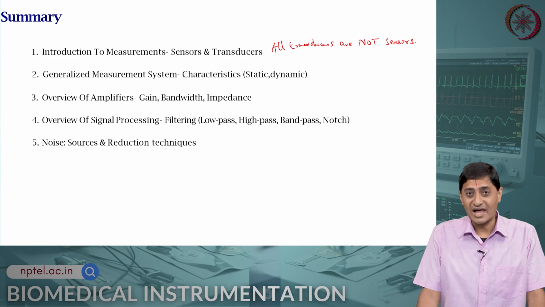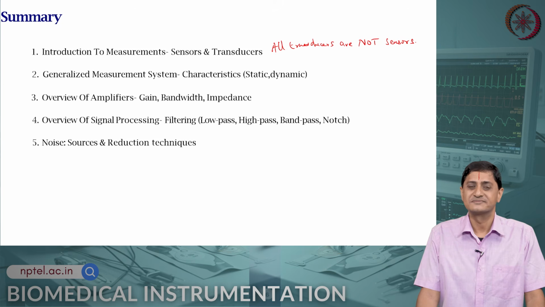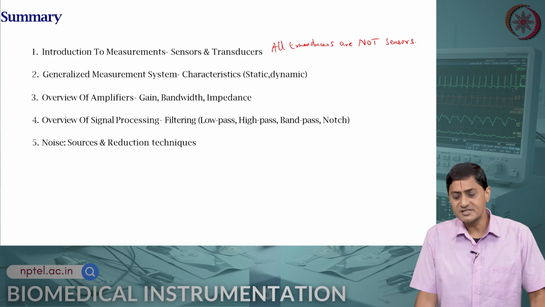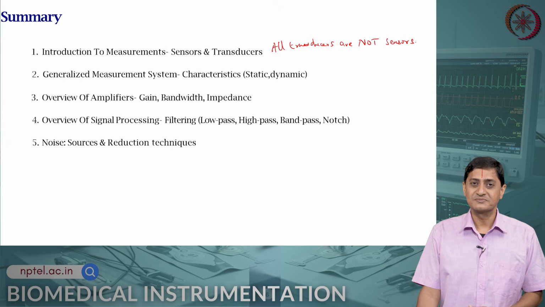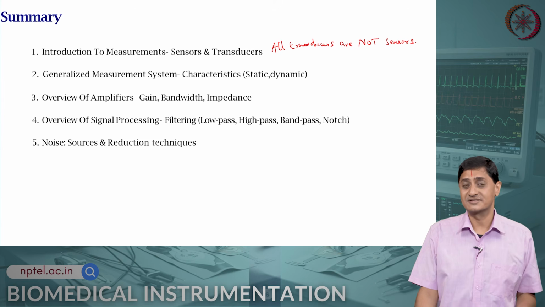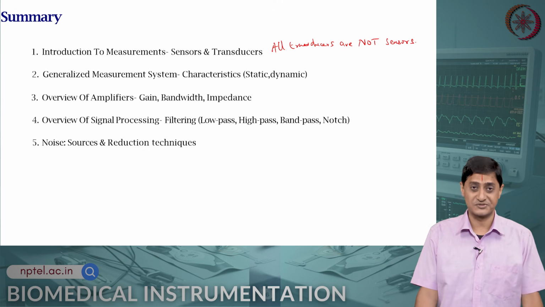All crows are black, but all black things are not crows. Is it not? All crows are black, but all things that are black are not crows. Likewise, all transducers are not sensors, but all sensors are transducers.